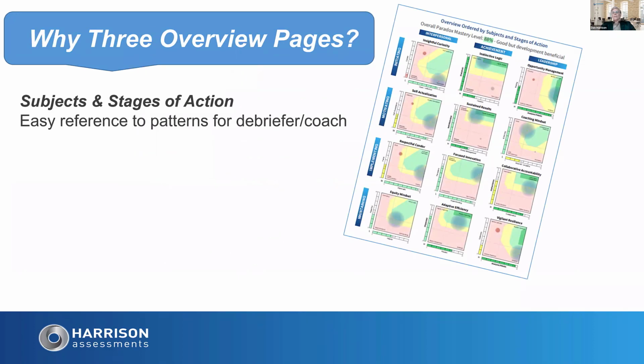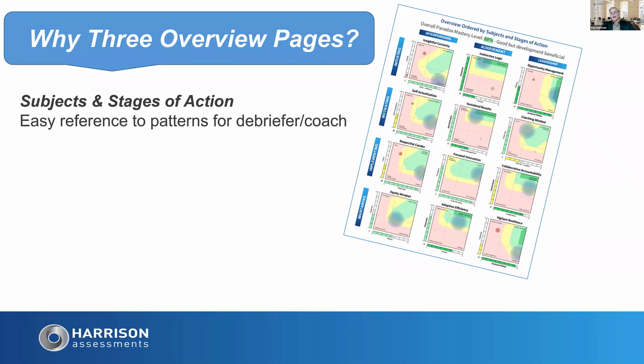The other thing you've noticed, if you've had a look at the mastery guide, is there are actually 3 overview pages now. And the original overview page is there, subjects and stages of action. And that's very useful, for example, if I want to look at the combinations of paradoxes. I can look on the left side and say, okay, how are they doing on the interpersonal paradoxes?